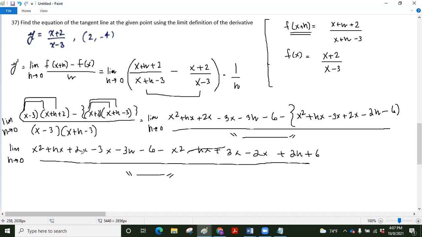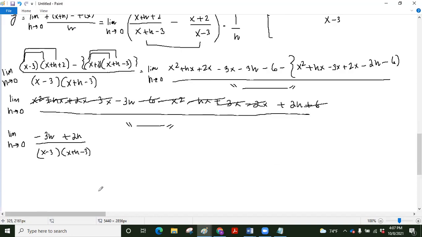So minus hx plus hx, x squared minus x squared, minus 6 plus 6, minus 2x plus 2x, minus 3x plus 3x. So we're left with the limit as h approaches 0 of minus 3h plus 2h over what we had before, which was x minus 3, x plus h minus 3, times 1 over h.